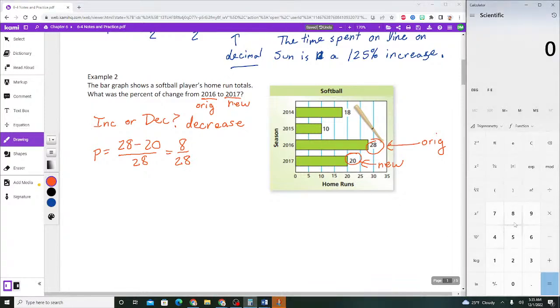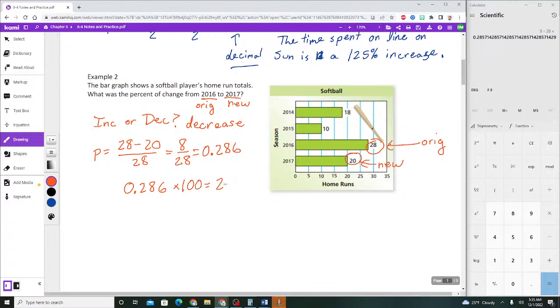It doesn't say what to round to, so I'm going to round to the third decimal place because that'll give me a nice clean percentage. This 5 will go up to a 6 because that 7 is greater than or equal to 5. Once we have this decimal, we multiply it by 100, which gives us 28.6%.